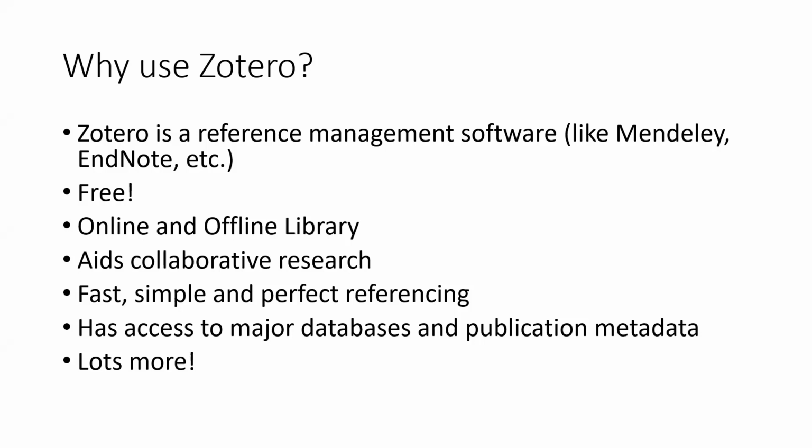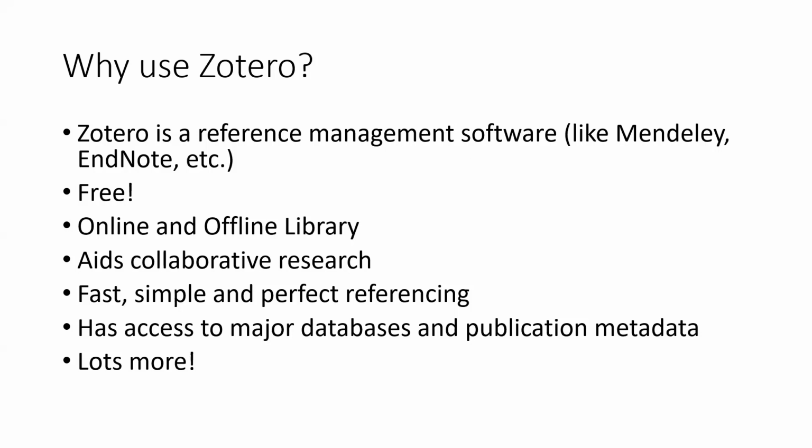Okay. And the good thing is that Zotero has access to all the major databases and publishers, and it also has access to the publication metadata. The implication is that in some cases, you may not need to supply Zotero with information about the article or the document you're storing.